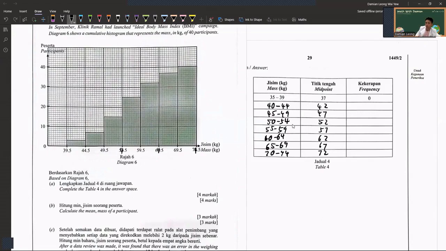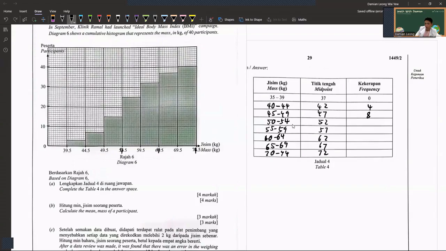Frequency. So this is a cumulative histogram. Means these are the cumulative frequency. So to get back the frequency, we take the cumulative frequency minus the cumulative frequency before. So here is 7, here is 3, 7 minus 3, 4. Here, 15, 15 minus 7, 8.